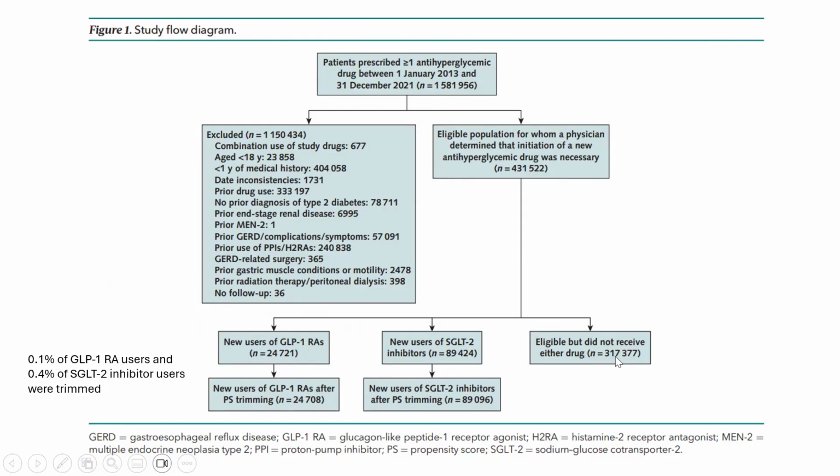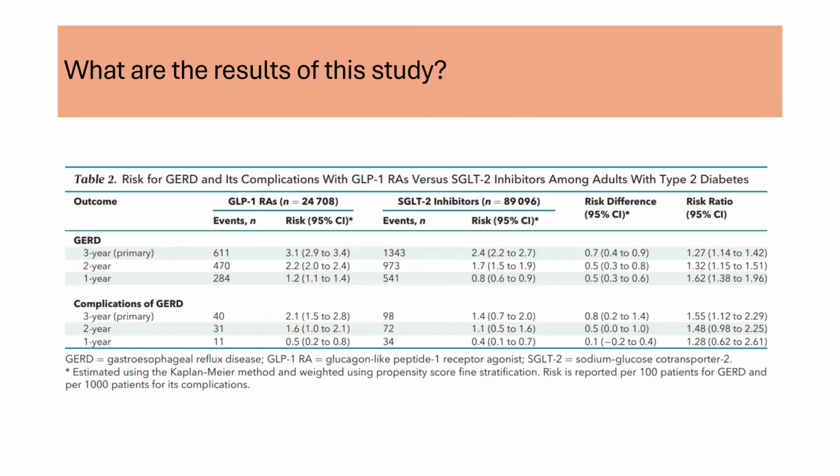There were other patients, almost 3 lakh, who were eligible but did not receive either of the two drugs. They were given other OHAs. And the final numbers after propensity score trimming are 24,708 for GLP-1 receptor agonists and 89,096 for SGLT2 inhibitors.